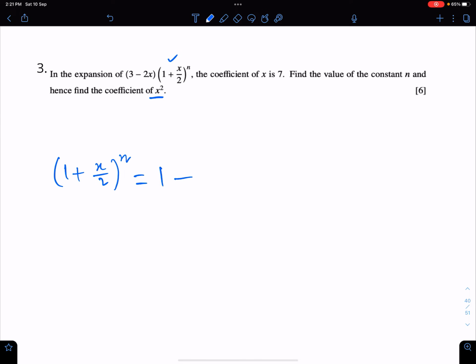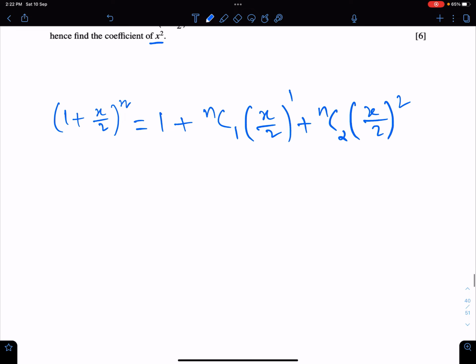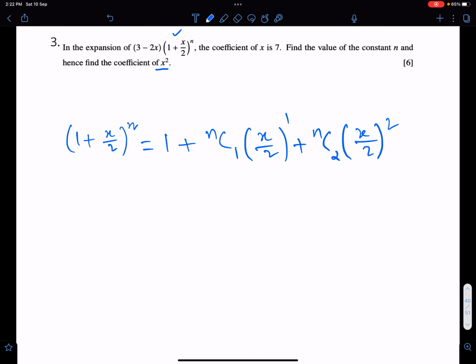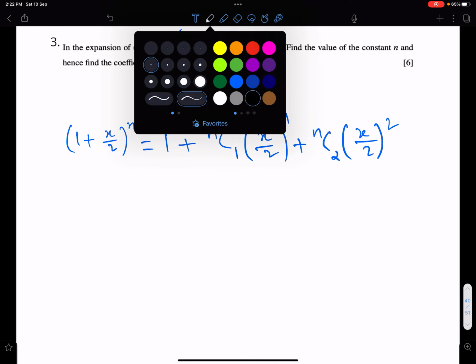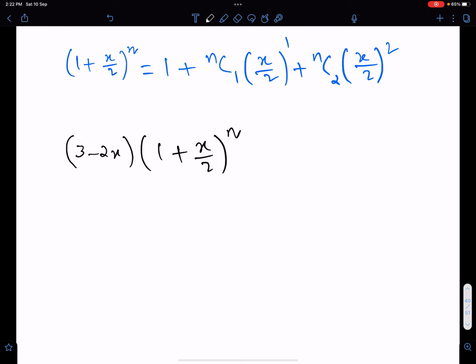So 1 plus nC1 b to the power 1, nC2 x upon 2 power 2. That's it. Now multiply this result with this expansion. So first copy the question. 3 minus 2x, 1 plus x upon 2 whole power n.